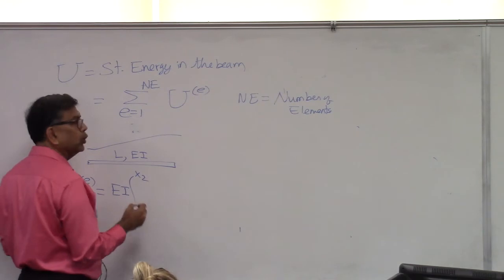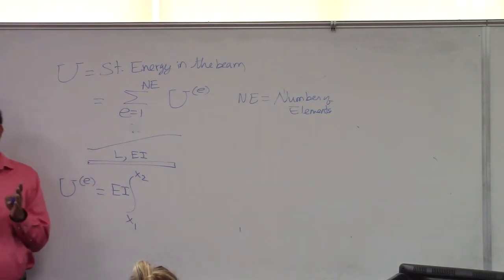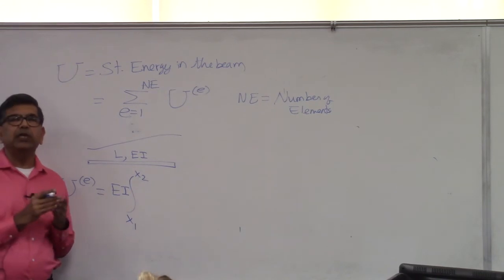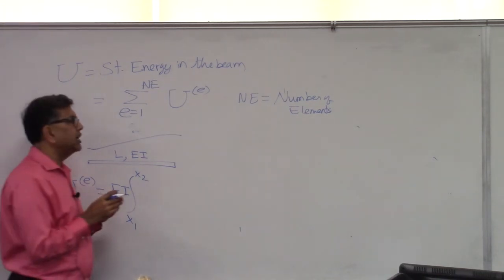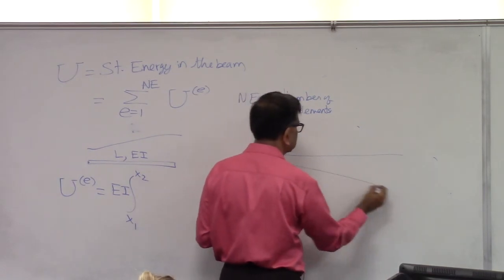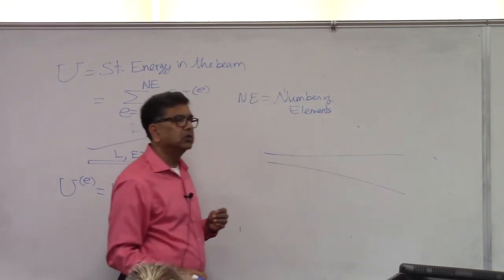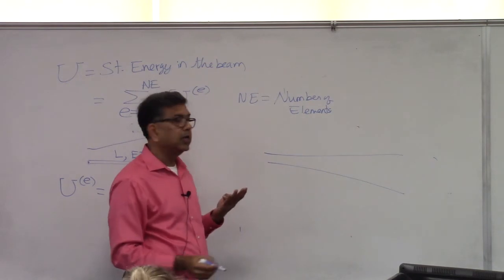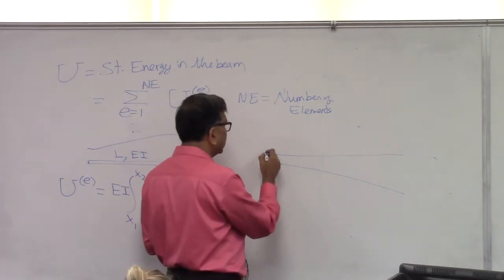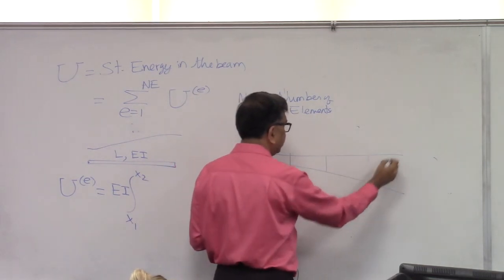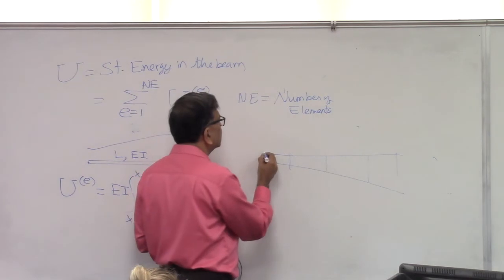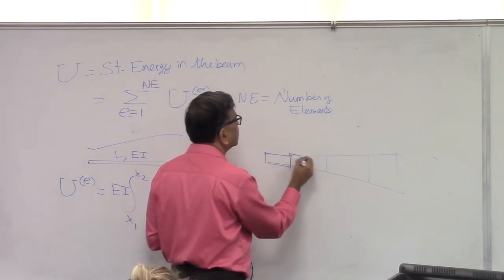Another thing I forgot to tell you: in finite element, each element must have a constant EI. You cannot have variable EI. If you have a variable EI shaft, what do you do? Suppose I have a shaft that is tapered like this. Which EI to use? You have to use constant EI. I told you how to break into a number of elements, so you break into a number of elements. Now you can use only one EI per element, so you use some kind of average EI.